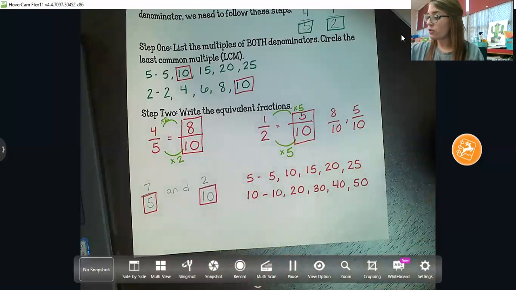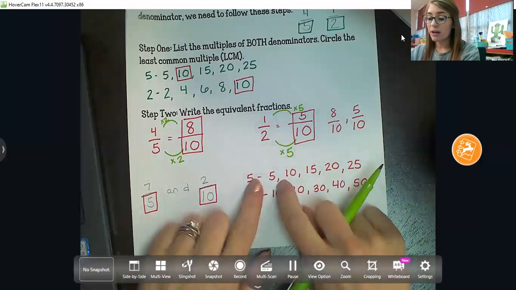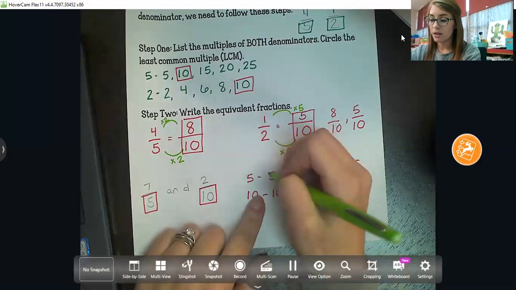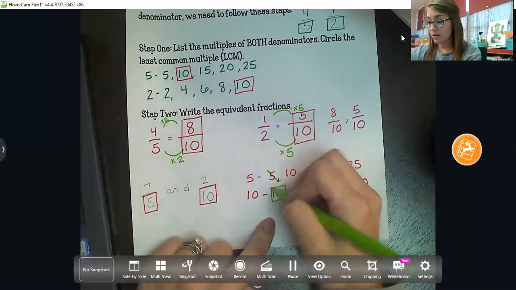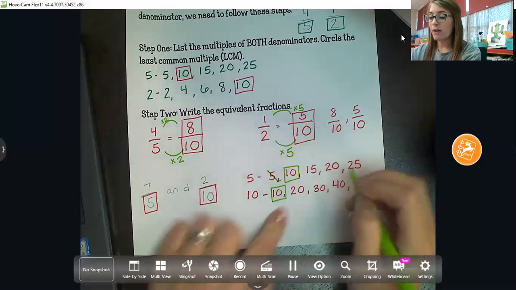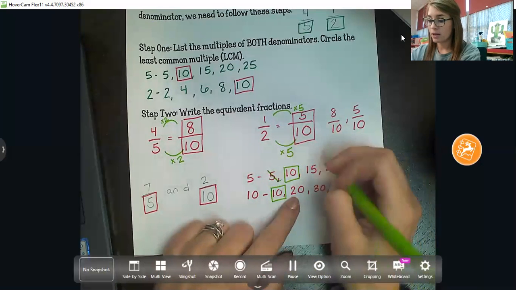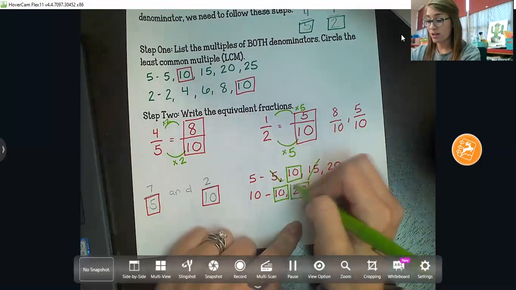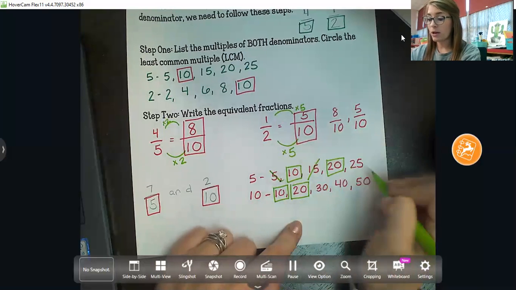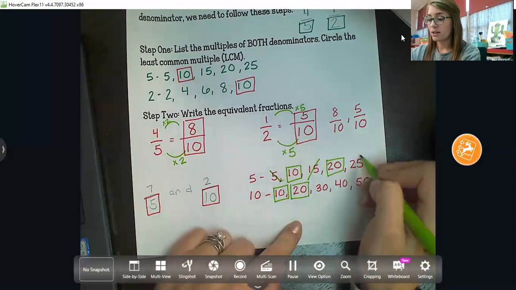So let's look for some common multiples. Do they have 5 in common? Nope. What about 10? Yep, they have 10 in common. What about 15? Nope. What about 20? Yep, they have 20 in common. What about 25? Nope.